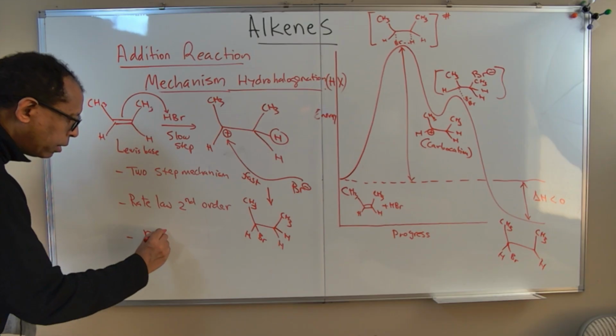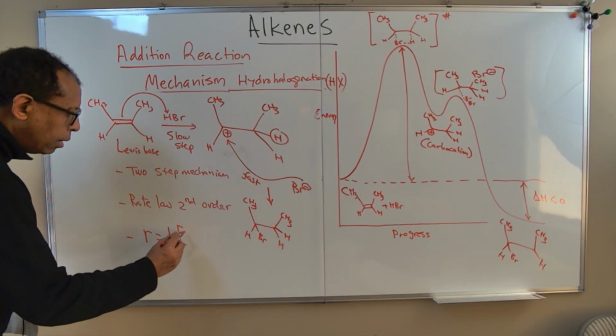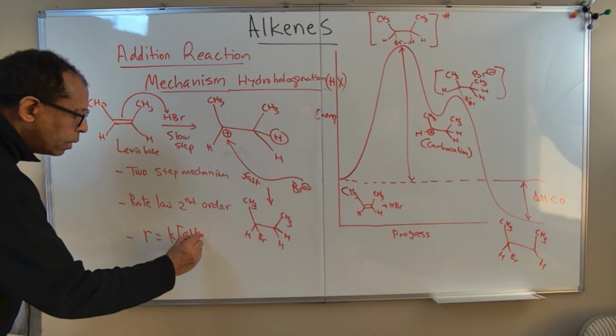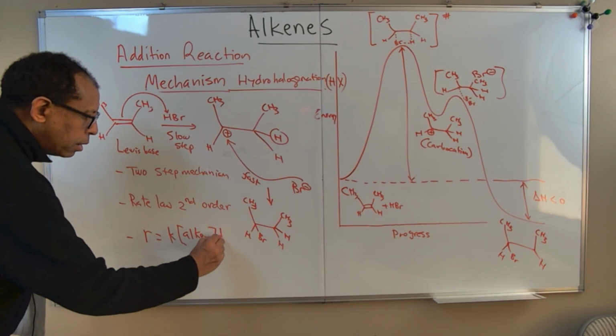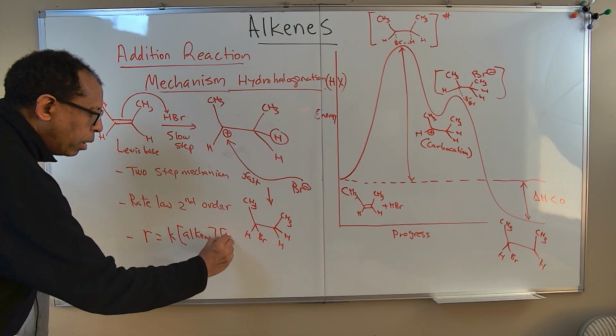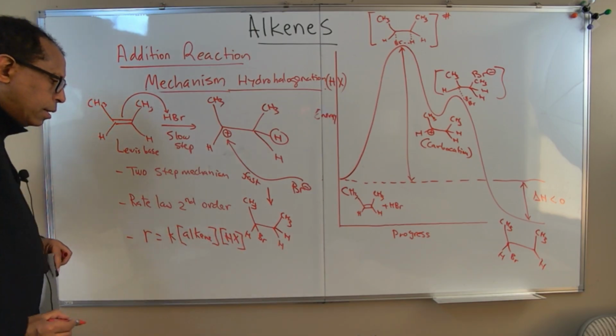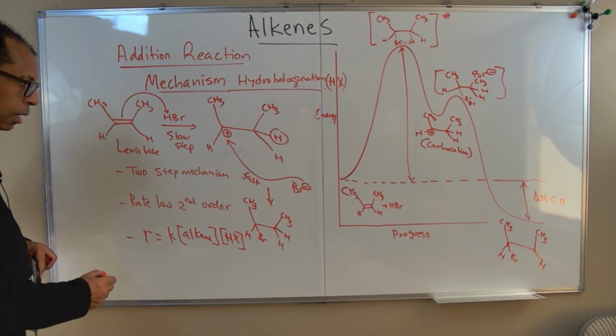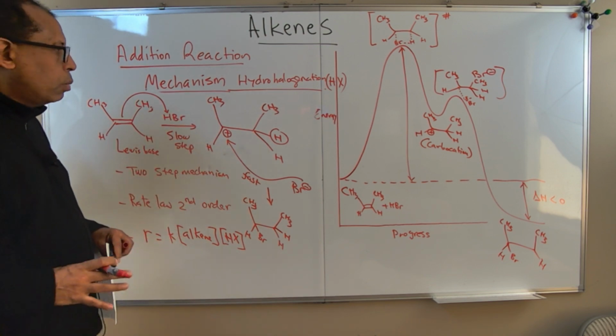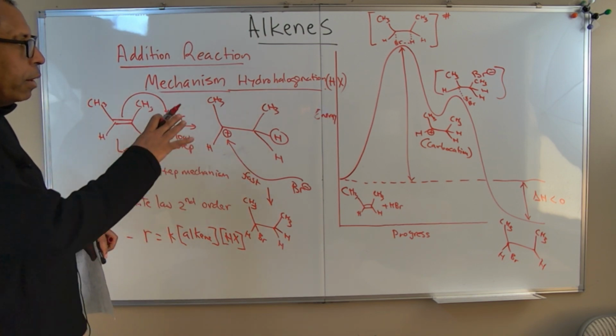So rate equals k times the alkene concentration times HBr, or HX in general. So I'll just put it like that. That's HBr. So this is what we see in the mechanism of hydrohalogenation.